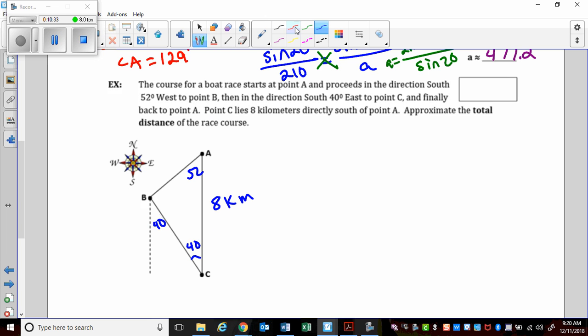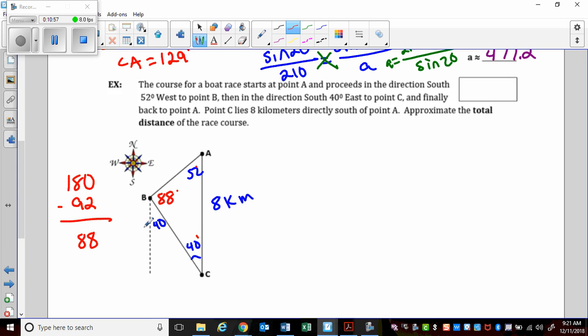Now I have to find angle B by adding these two up and subtracting them from 180. 52 plus 40 is 92. And when I subtract this, I get angle B, which I think is 88 degrees.